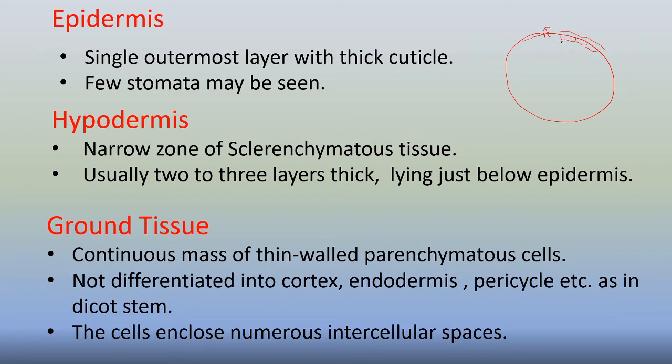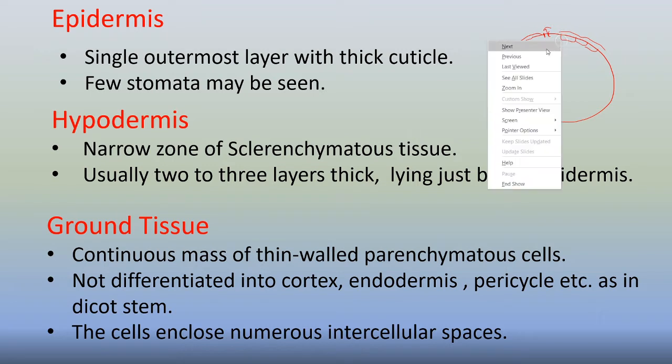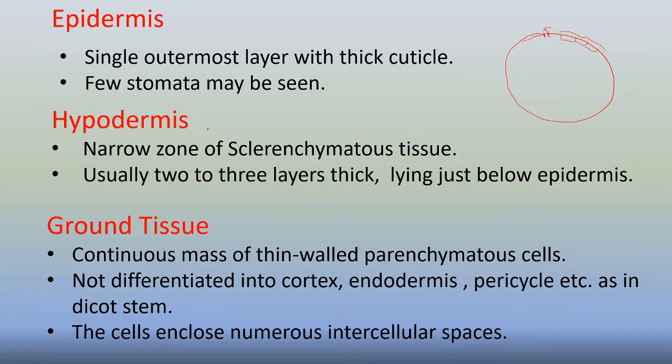Now this epidermal region is further followed by the hypodermis. The next part of the stem is hypodermis. We can see the hypodermis is always present just below the epidermal region or epidermis. This is a very narrow zone, and the cells present in the hypodermal region are sclerenchymatous in nature.